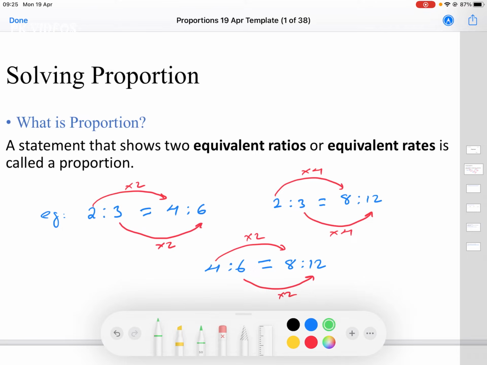We can write these ratios or rates in the form of a fraction. 2 to 3 is equivalent to 4 to 6 is equivalent to 8 to 12. They are also like equivalent fractions. Let us understand more about proportion from the YouTube video.